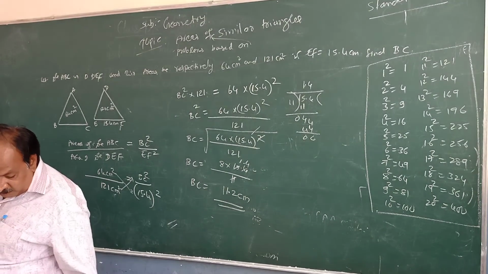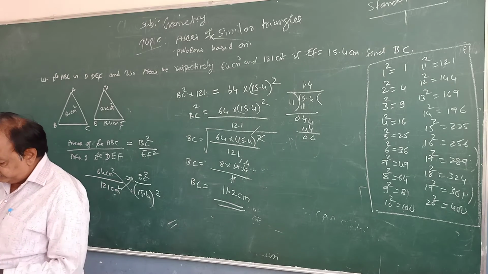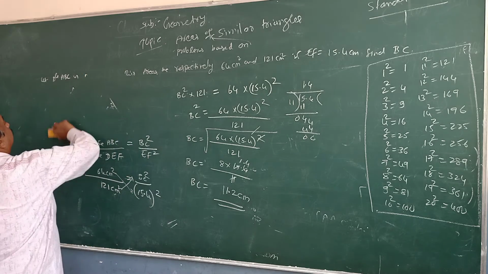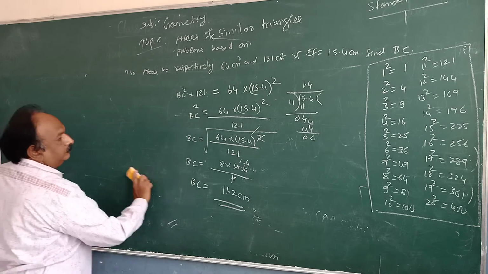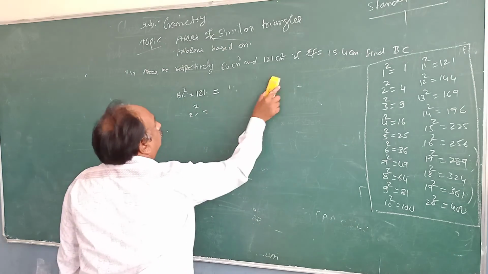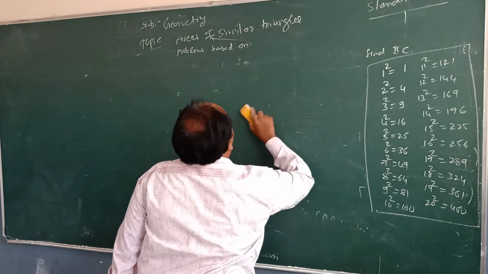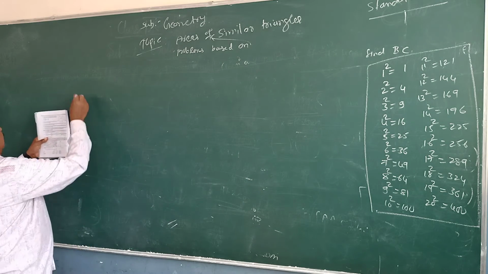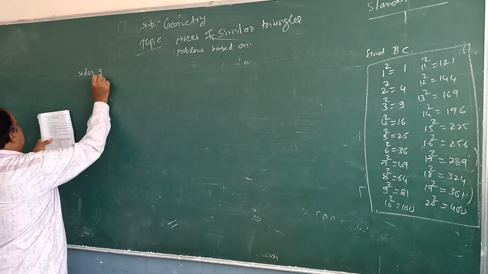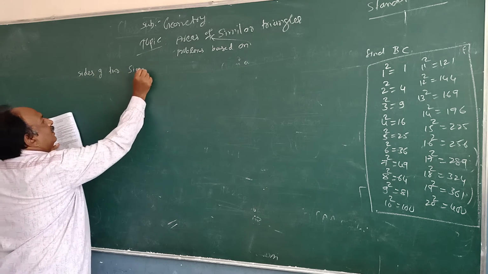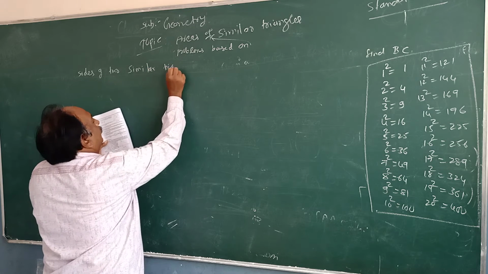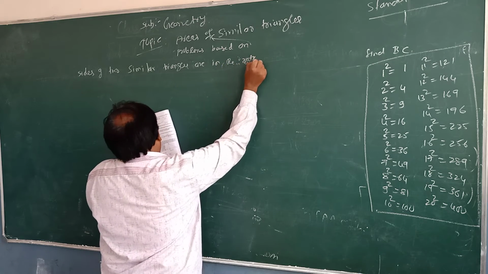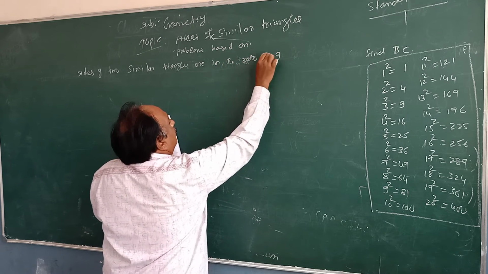Next, I want to put one multiple choice question for you. This problem is very important from the examination point of view. Sides of two similar triangles are in the ratio 4:9.